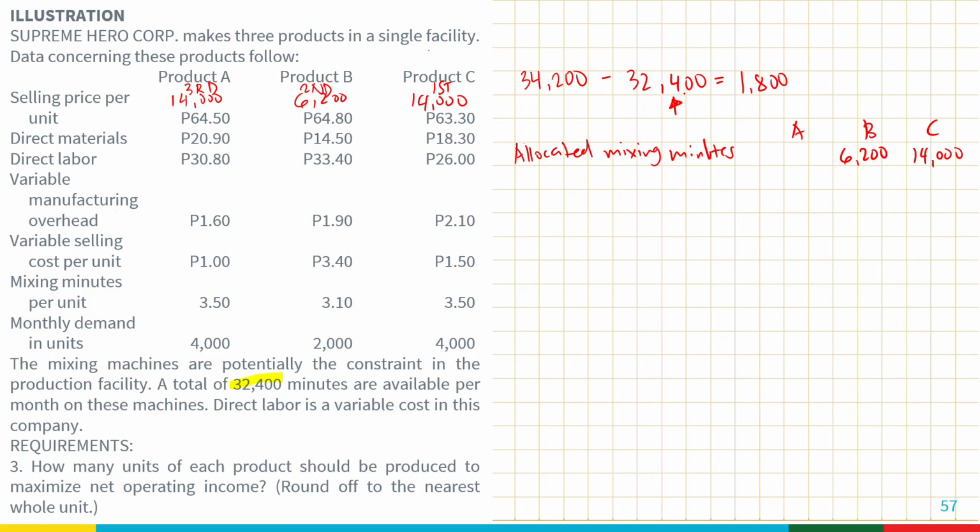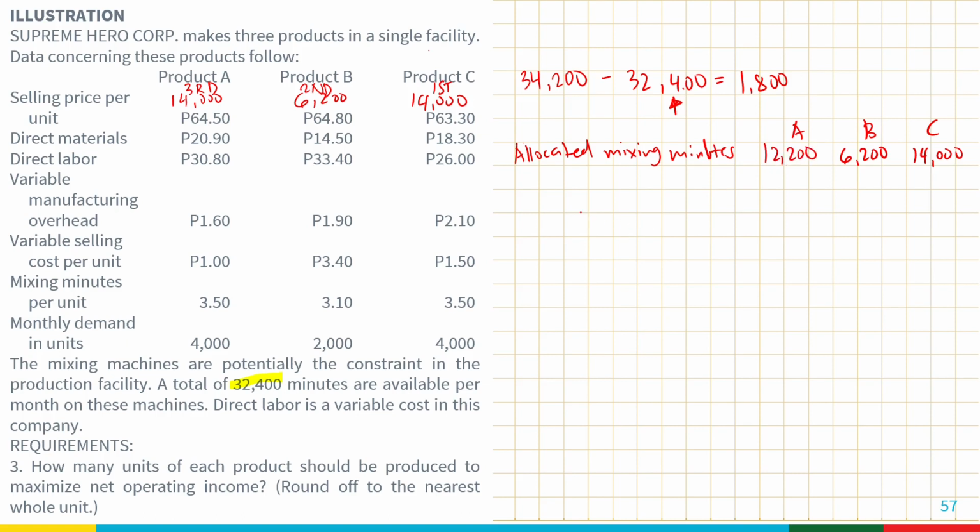And then yung natitira dito sa 32,400. So, minus natin. 32,400 minus 14,000 na napunta kay C minus 6,200 na napunta kay B. Ang natitira na lang ay 12,200. So, yun yung ilalagay natin kay A kasi siya yung ating least priority.